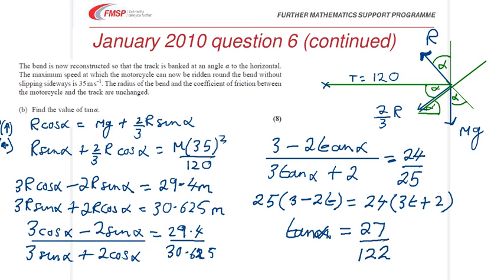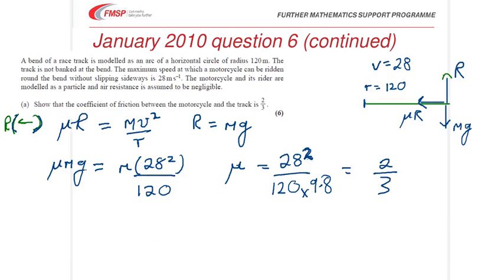And that's 8 marks. Rather a nasty question, that, because basically it's the pure maths sorting out the finding of tan alpha. The marks, well, for the first part of the question, 6 marks. There were B marks, in other words, marks for just seeing the statements, for the mu R and the mv squared over r.